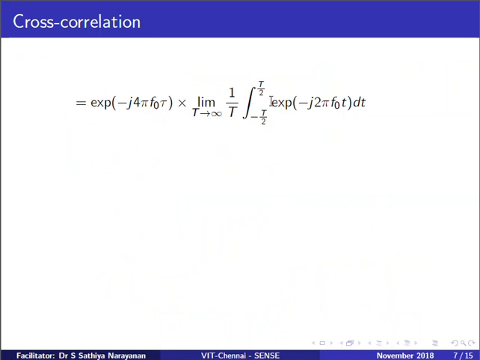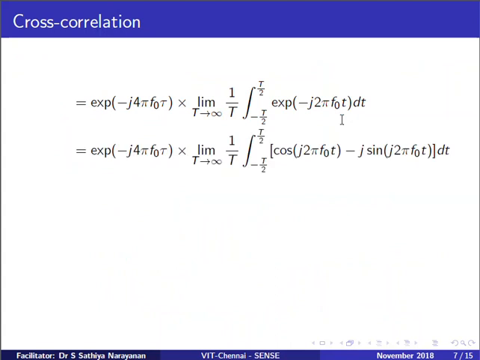Now we are left with integral minus t by 2 to t by 2 exponential minus j 2 pi f naught t, and using Euler's formula, the exponential minus j 2 pi f naught t can be written as cos 2 pi f naught t minus j sin 2 pi f naught t.